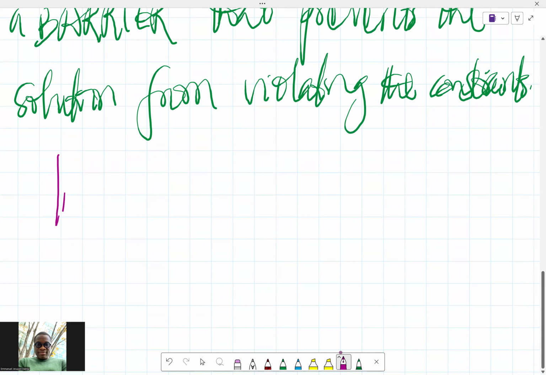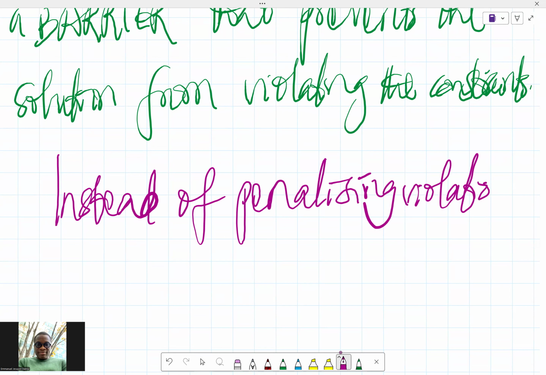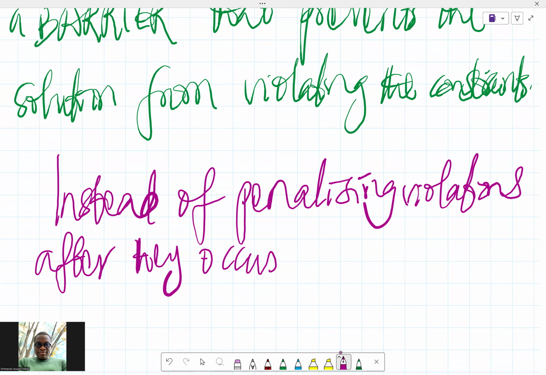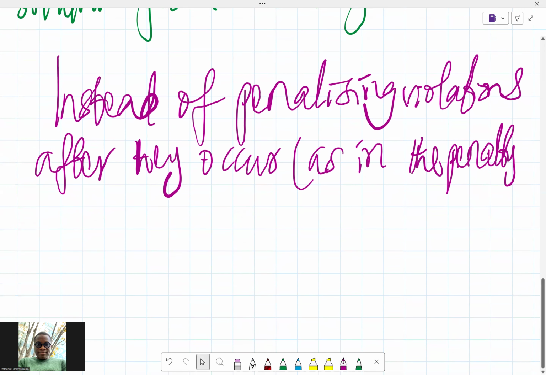So instead of penalizing, which happens for the penalty method, right? Instead of penalizing violations after they occur, as in the penalty method, that's what happens in the penalty method. So violation occurs and the penalty method penalizes it.